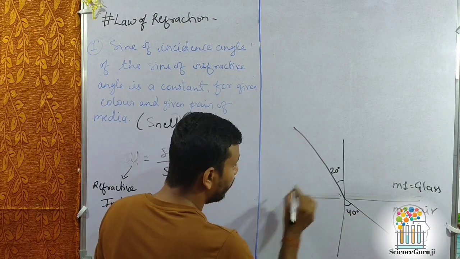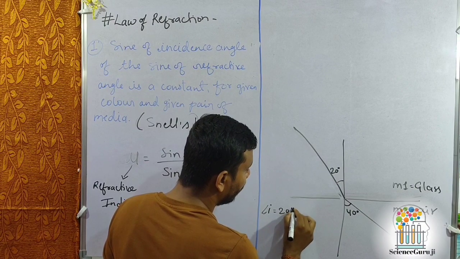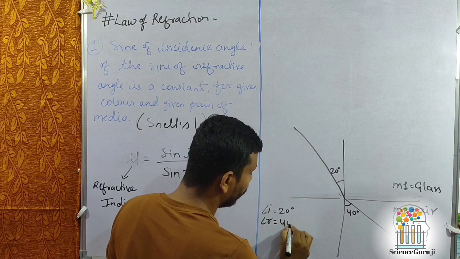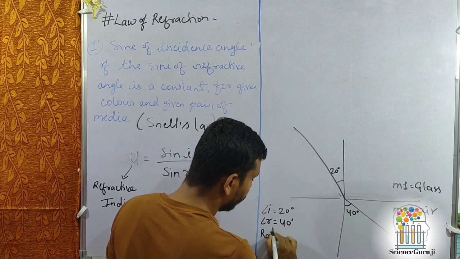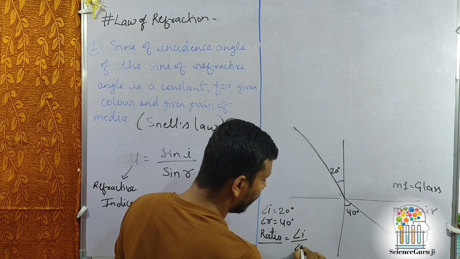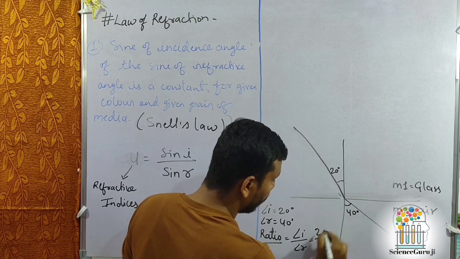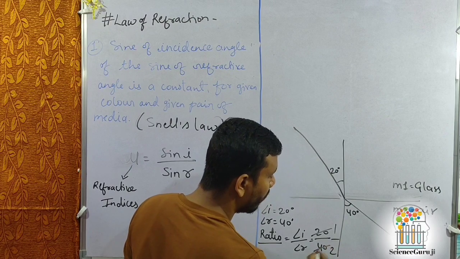So here the angle of incidence is 20 degrees and the angle of refraction is 40 degrees, and the ratio of angle i upon angle r is 20 upon 40, which is 1 upon 2.